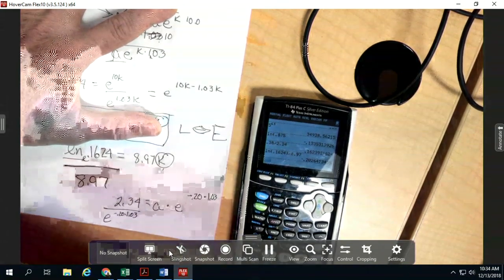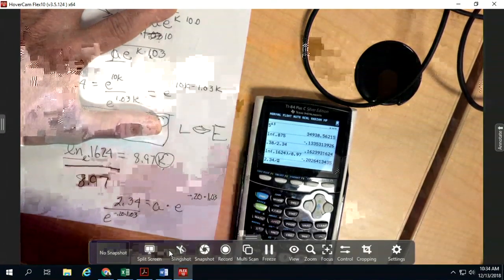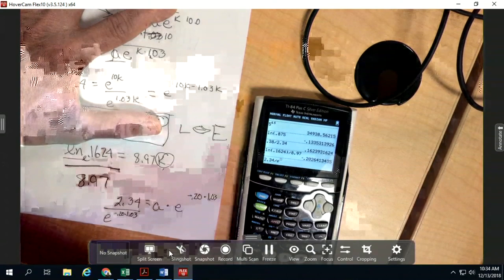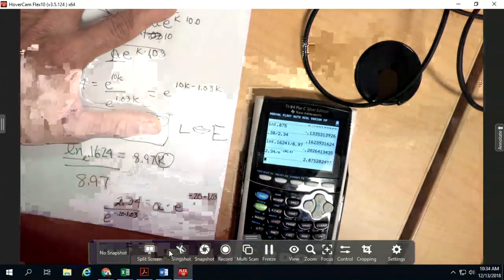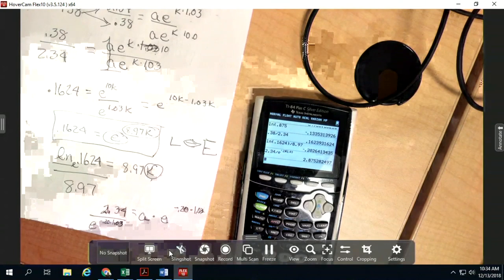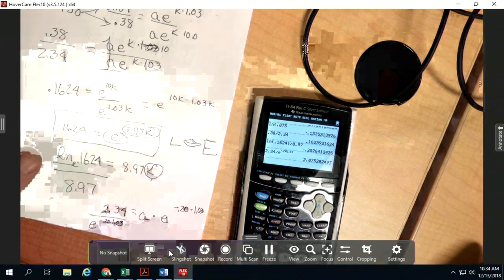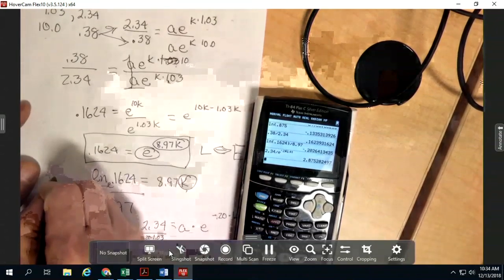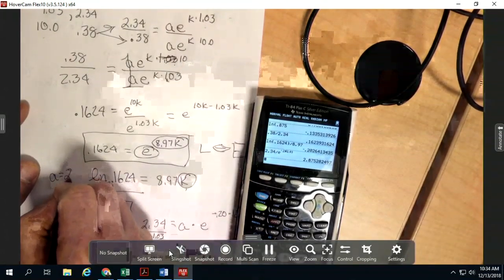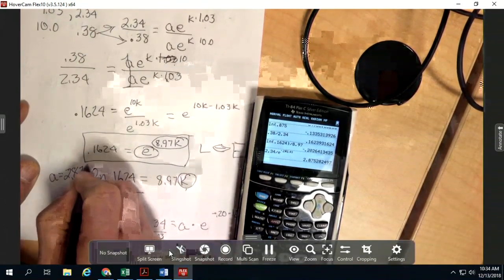So on my calculator, I would press 2.34 divided by second function e to the negative 0.2 times 1.03. And so a is, no, we get 2.875 and they say it's 3.